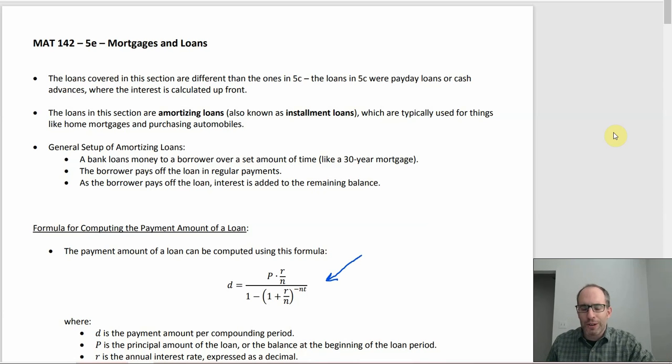The way you derive this is actually, well, it uses a thing from Calc 2. In a way, I would rather not have the formula just sort of appear out of thin air. But I can tell you where it comes from. The formula is derived from something called a geometric series, which is a thing that you would cover if you take Calc 2.